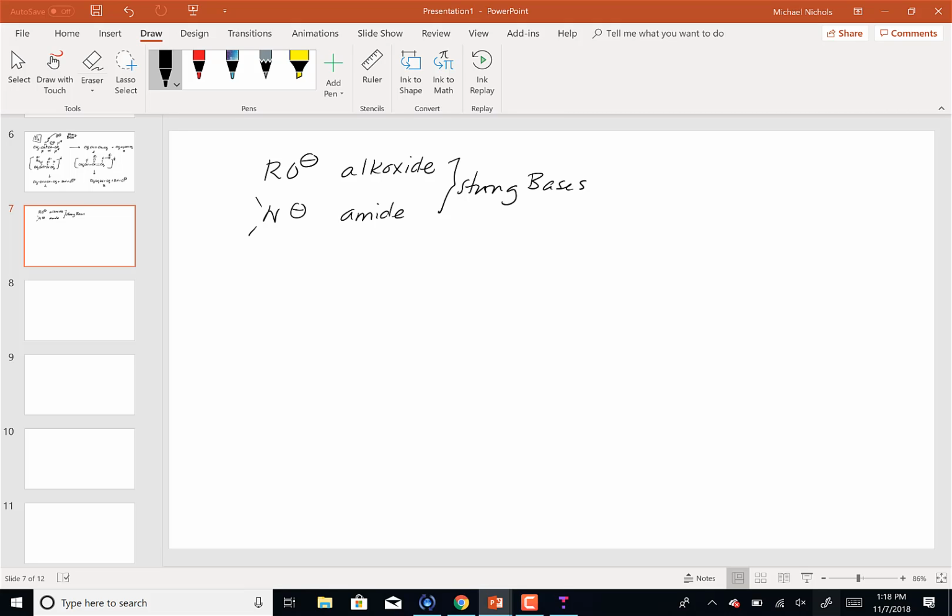They're negatively charged, so they're electron rich, so they're not electrophiles, they're nucleophiles. So strong bases are also strong nucleophiles. So if I'm trying to do E2, and my strong base is also a strong nucleophile, it could do SN2 as well.